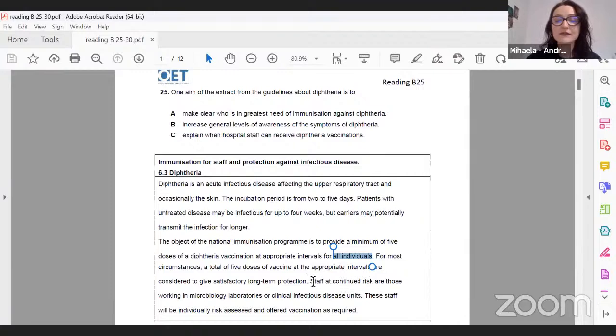We also have this information about staff at continued risk. They point out these people who are at continued risk, people who work in certain conditions or in certain infectious units. So we also know that they will be individually risk assessed. Go through the options now and tell me if you can confirm one or maybe eliminate.